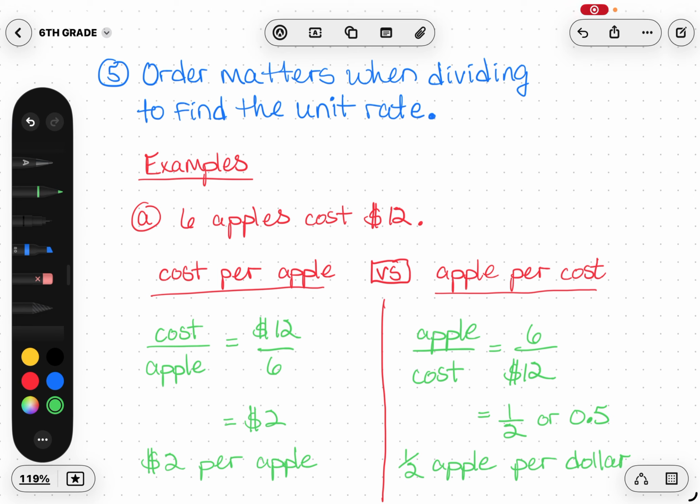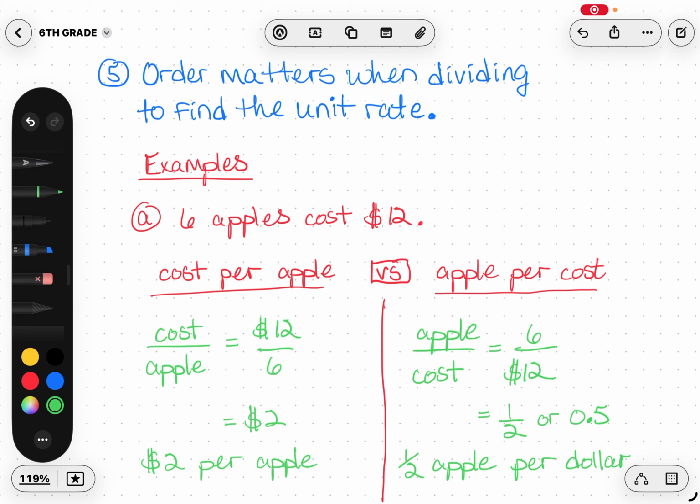If we're trying to find the cost per apple, then it would be 12 divided by 6, which is 2, so $2 per apple. But if the language was apple per cost, then it would be apples divided by the cost, so 6 divided by 12, which is 1/2 or 0.5. That would mean half an apple for $1.